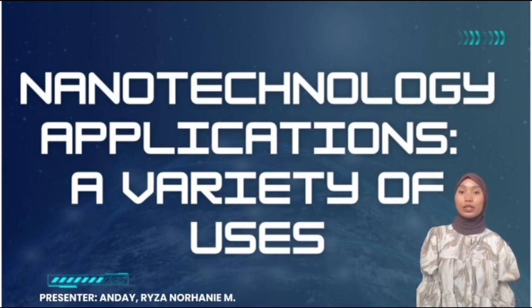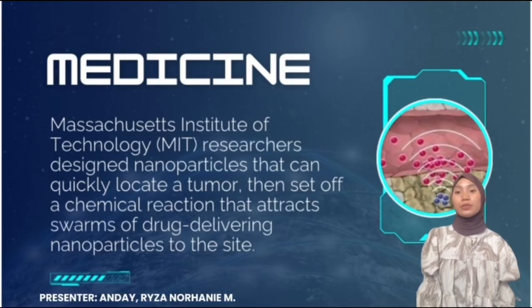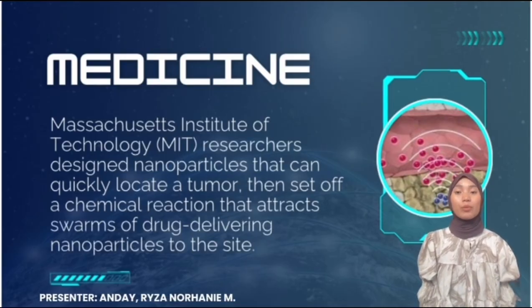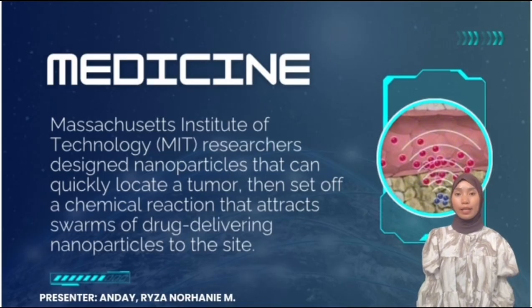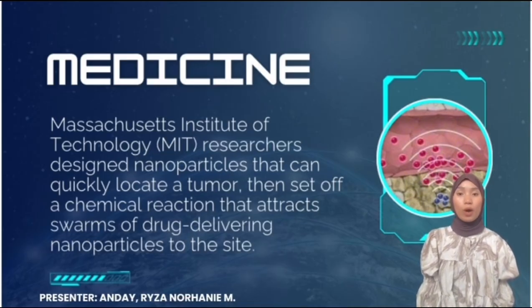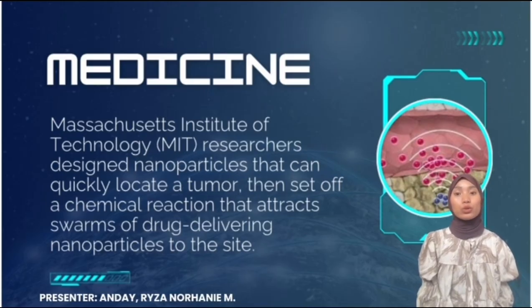Nanotechnology applications, a variety of uses. So first, we have in medicine. So MIT researchers design nanoparticles that can quickly locate a tumor, then set off a chemical reaction that attracts swarms of drug delivering nanoparticles to the site. So in the field of medicine, yung MIT daw, kapag nakapag-invent sila ng nanobot na nakakapag-locate ng isang tumor, nagpro-produce sila ng chemical reaction para kumbaga mag-react doon sa tumor.